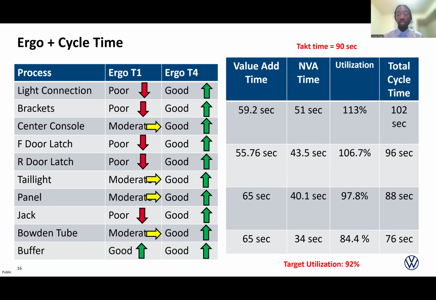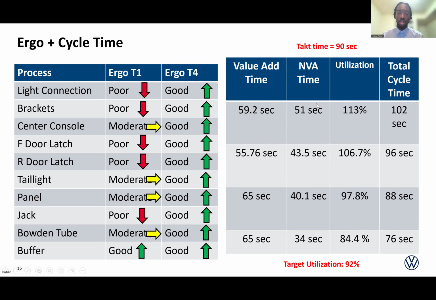By the fourth trial, we were able to provide recommendations to get all of those steps in the process to good ergonomics. You could also see in the second table we have value added time, non-value added time, utilization, and total cycle time. And this is per trial.